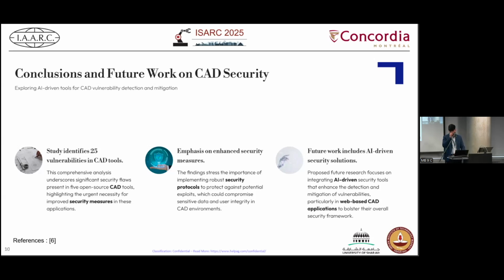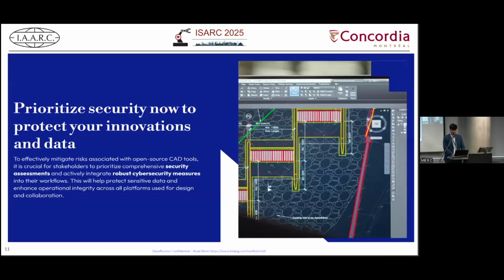Looking ahead for our future work, we'll explore AI-driven security tools to enhance vulnerability detection and classification. Further, we aim to investigate effective mitigation strategies such as automated patching and improved secure coding practices.